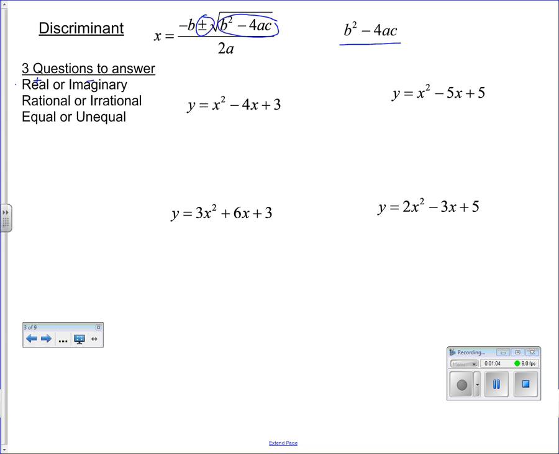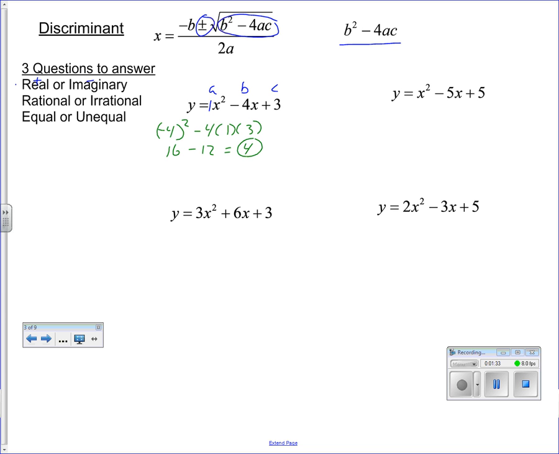Our first example, y equals x squared minus 4x plus 3. We see that a is 1, b is negative 4, and c is positive 3. So if we plug this into the discriminant, b squared would be negative 4 squared, minus 4 times a, which is 1, times c, which is 3. Negative 4 squared is 16, minus 4 times 1 times 3, which is 12. 16 minus 12 is 4. So, is it positive or negative?